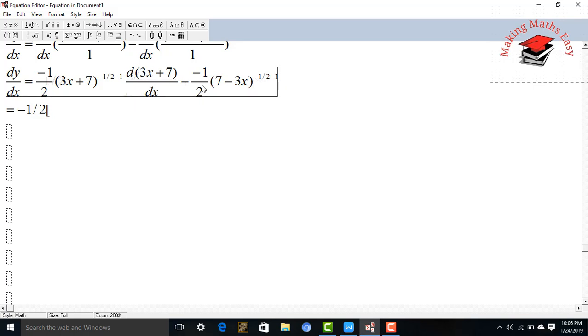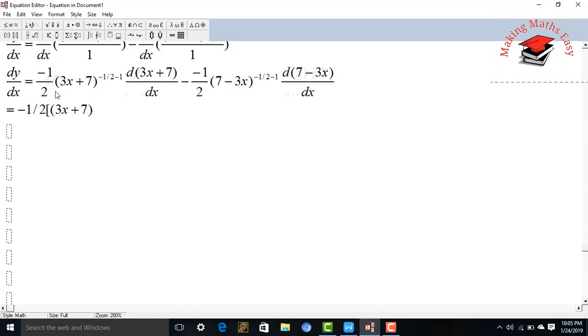So again we will have d upon dx of this particular function, 7 minus 3x, and its derivative. Now we will take a bracket and solve it. So minus 1, so 3x plus 7 raised to minus half, or 1 by 2 minus 1, gives me minus 3 by 2.